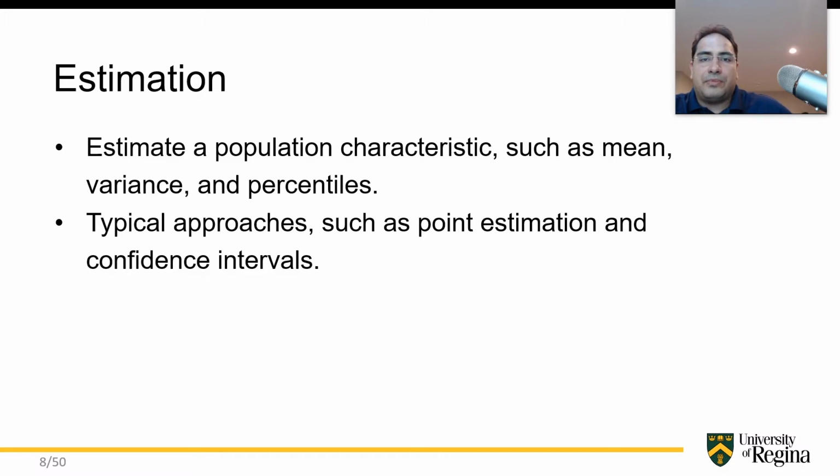To answer those questions, we get some samples, and then we try to estimate those parameters of a specific population by using techniques like point estimation, and maybe adding some confidence intervals to really estimate that.